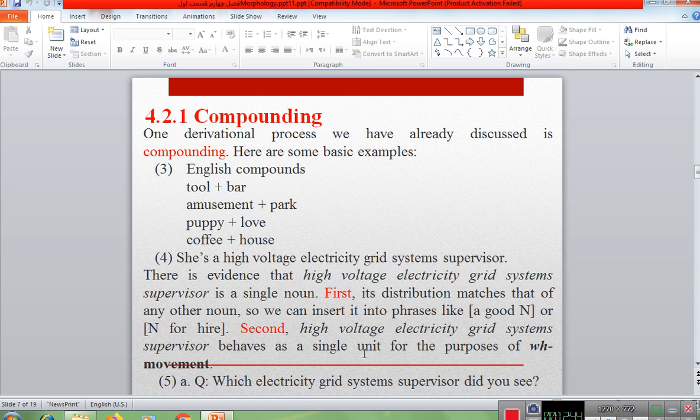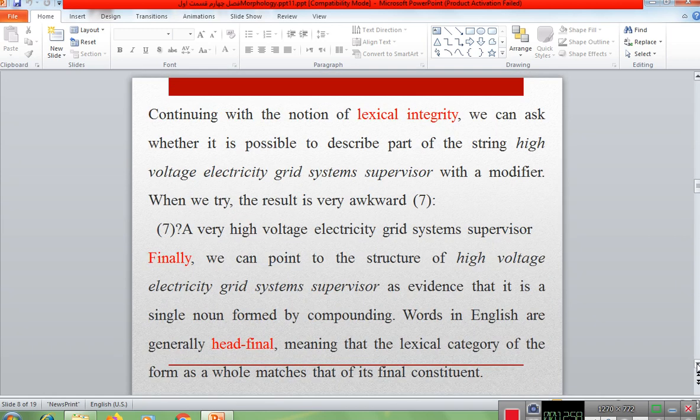So look at the example: Which electricity grid system supervisor did you see? You see here we have all of the noun here. So this shows us that this is the second reason which we consider these words as one noun. We can consider it a kind of noun.